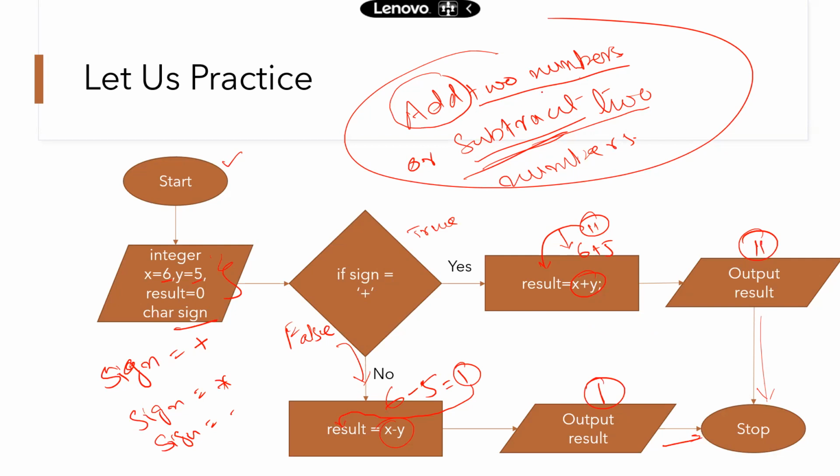If not added, at least subtract those two numbers. Okay, so we have added two numbers, but in case this condition is false, at least subtract these two numbers. So we have solved this problem through the flowchart.